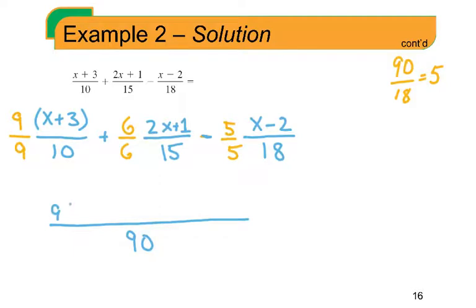I have 9 times (x plus 3) plus 6 times (2x plus 1) minus 5 times (x minus 2).